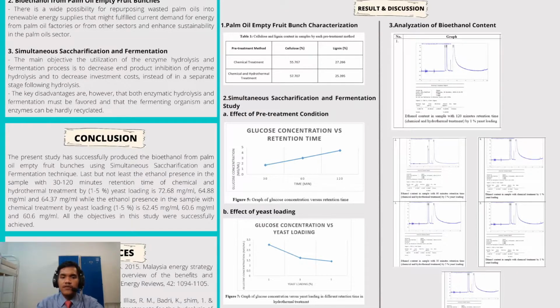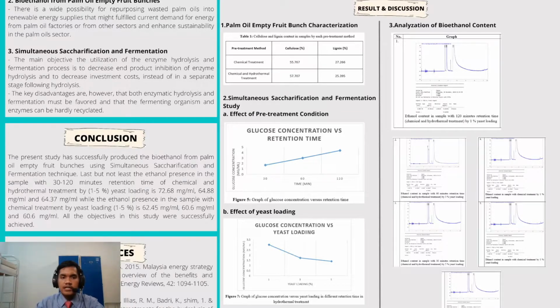From figure 7, it can be shown that higher yeast loading in a sample leads to lower glucose concentration, either at different retention times in hydrothermal treatment or in chemical treatment only. This was because numerous glucose had previously been converted into ethanol with each rise in percentage of yeast loading.